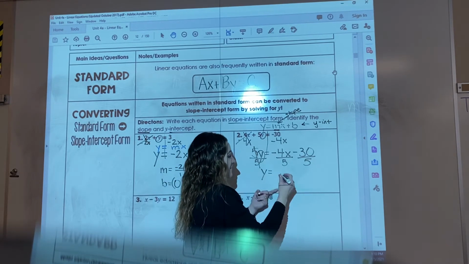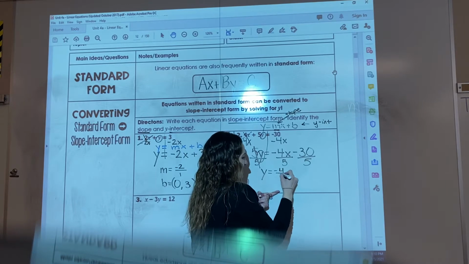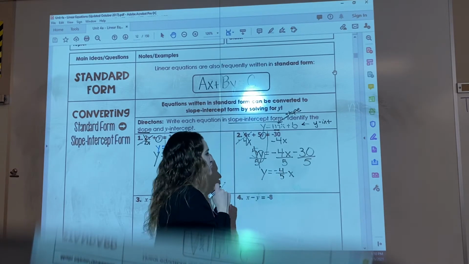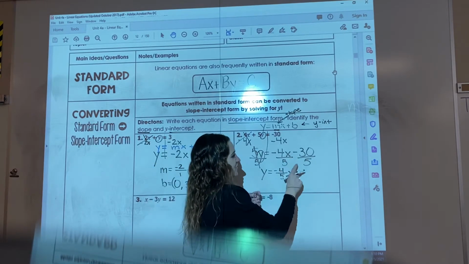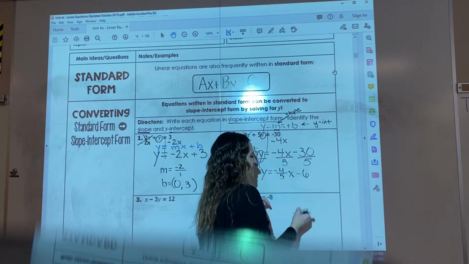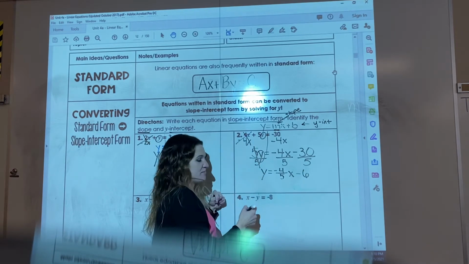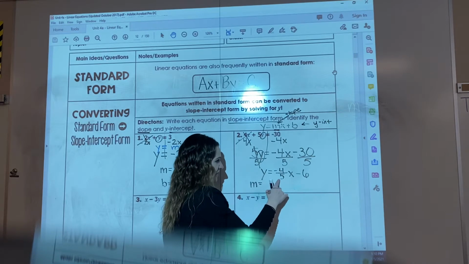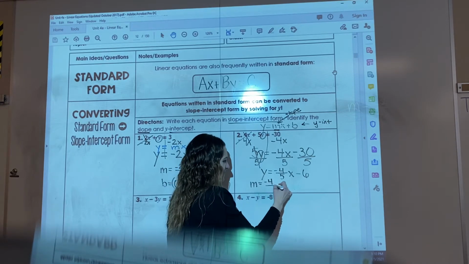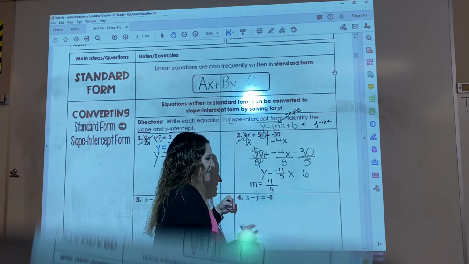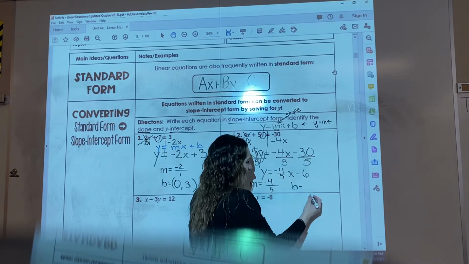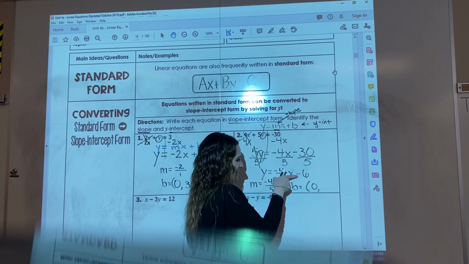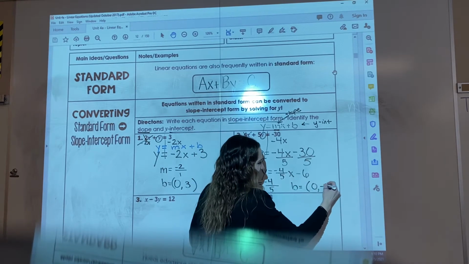Negative 4 divided by 5 gives me negative 4/5. I'm going to leave it just like it is. Drop down my x. And negative 30 divided by 5 is negative 6. My slope, my m, is right there, negative 4/5, rise over run. And my b, my y-intercept, is the ordered pair (0, -6).